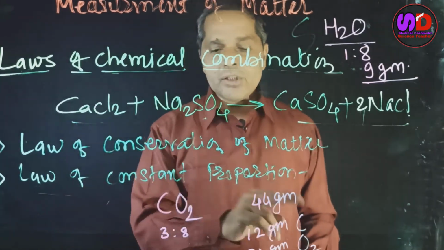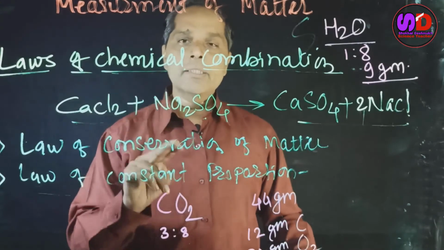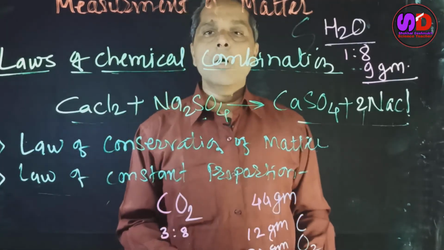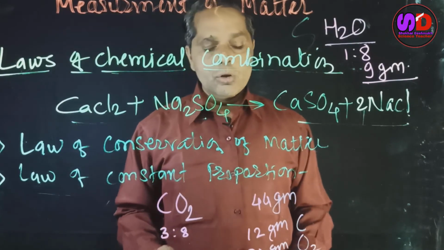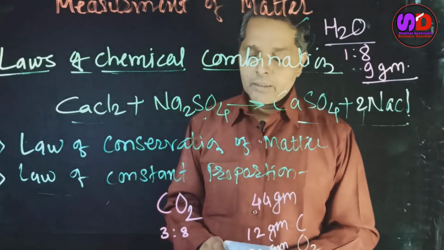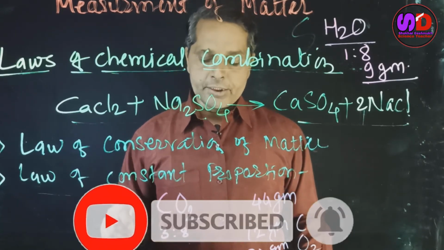In the law of constant proportion, the proportion by weight of constituent elements of various samples is fixed. So these are the laws of chemical combination.